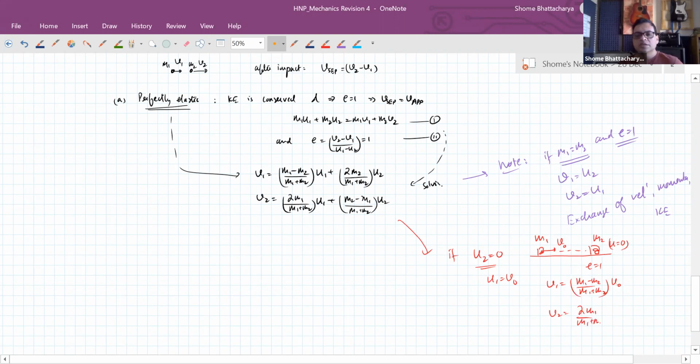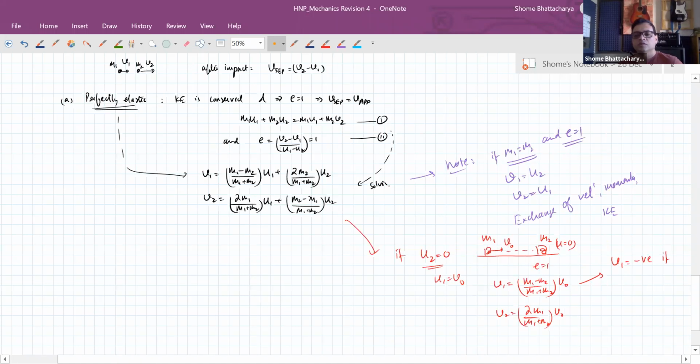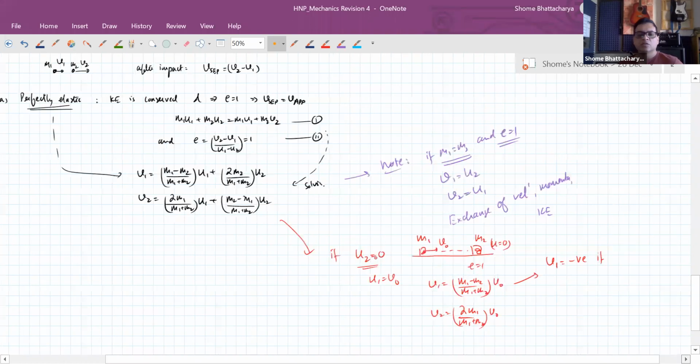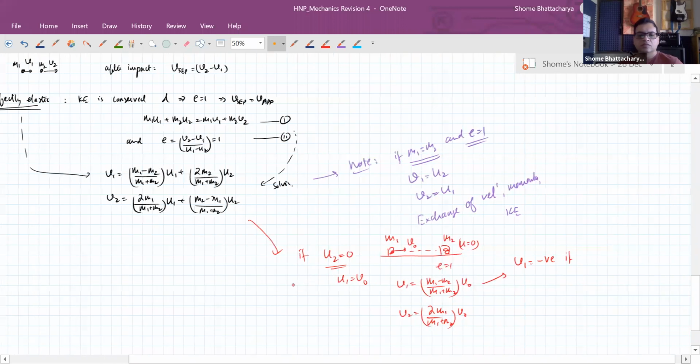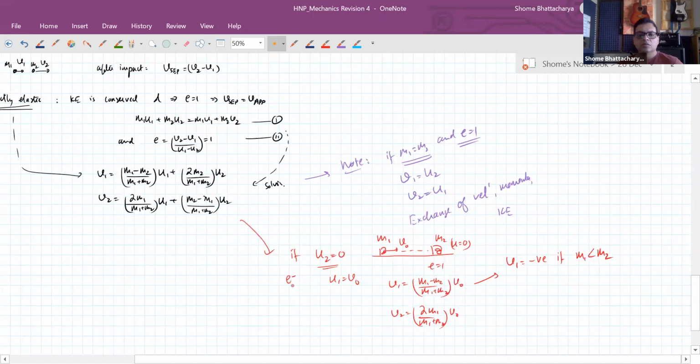So in this, you can see that v1 will be negative if m1 is less than m2. So if a body like this collides with a heavier body at rest, and the collision is perfectly elastic, of course, E is equal to 1 in this particular case. Okay. Then it recoils.